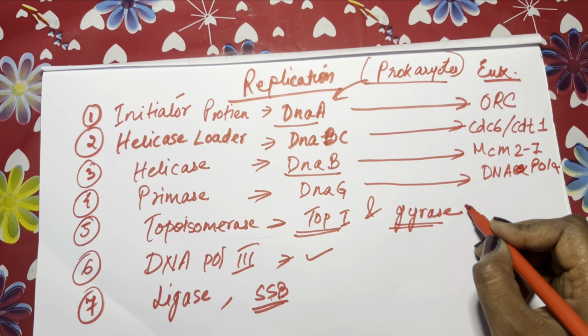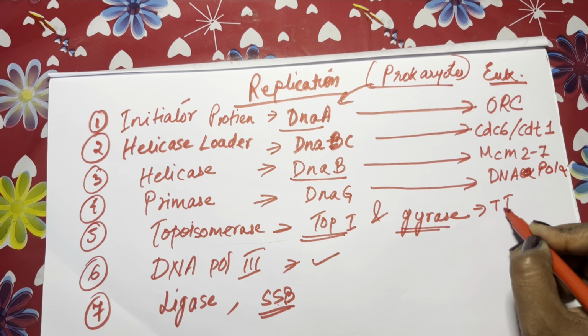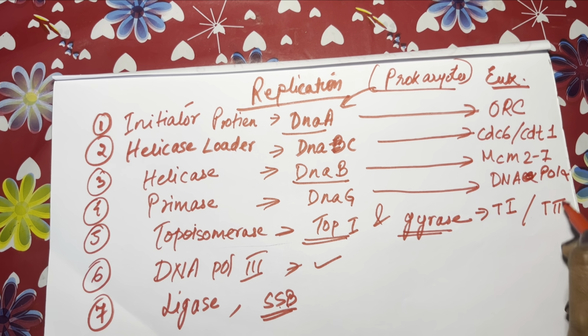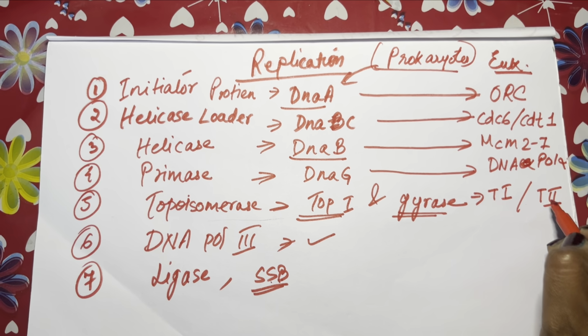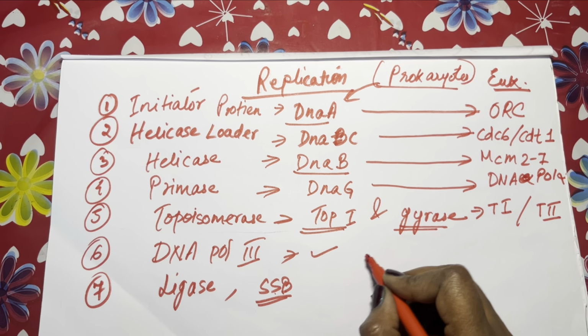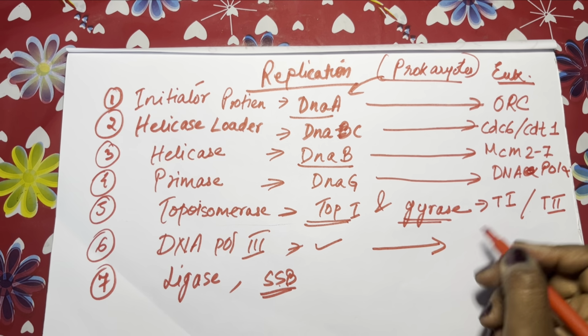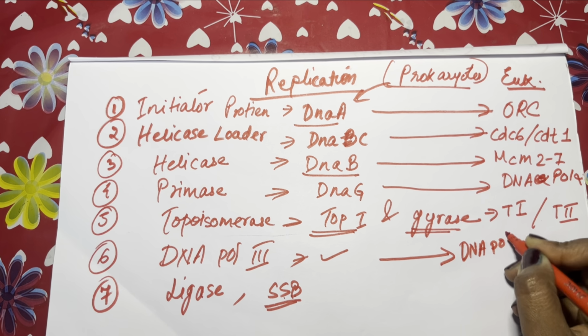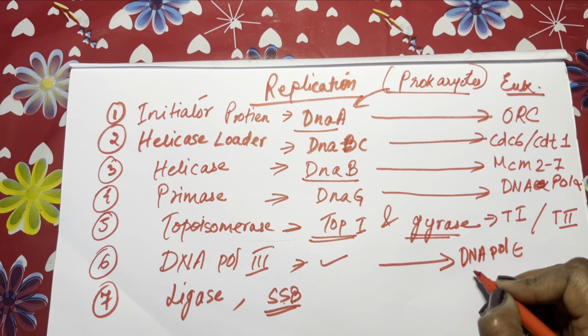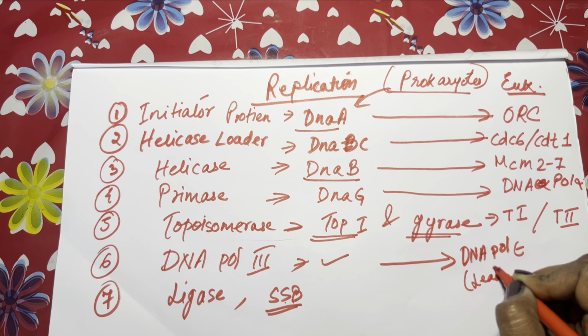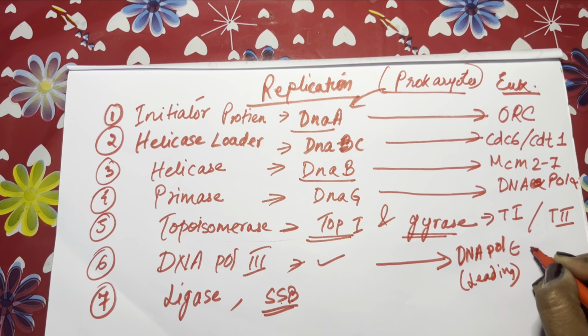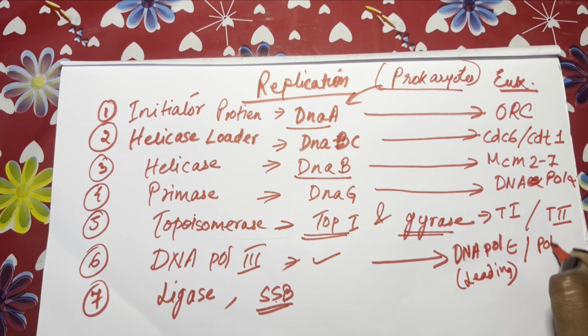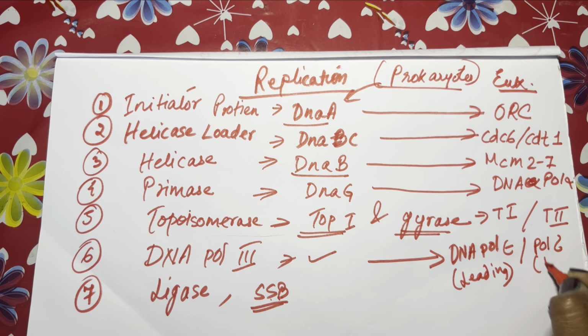Topoisomerase in eukaryotes is called topoisomerase 1 and topoisomerase 2. Topoisomerase 1 for single strand, 2 for double strand. The main replicative enzyme in eukaryotes we call DNA polymerase epsilon for the leading strand and DNA polymerase delta for the lagging strand.